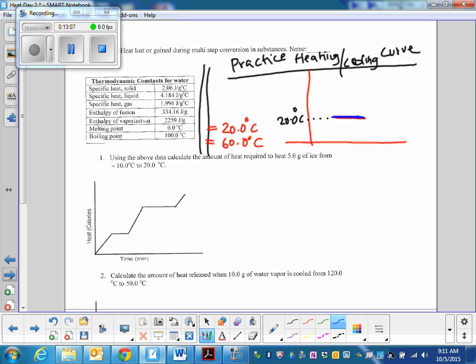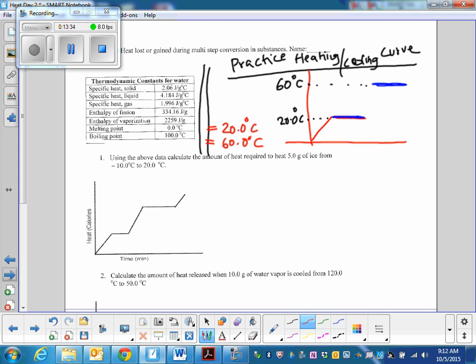What is the next flat line for? The next flat line is for boiling point. Is 60 higher than 20? So I'm going to draw a flat line further away, and I'm going to say that is my 60 degrees Celsius. Is everybody okay?